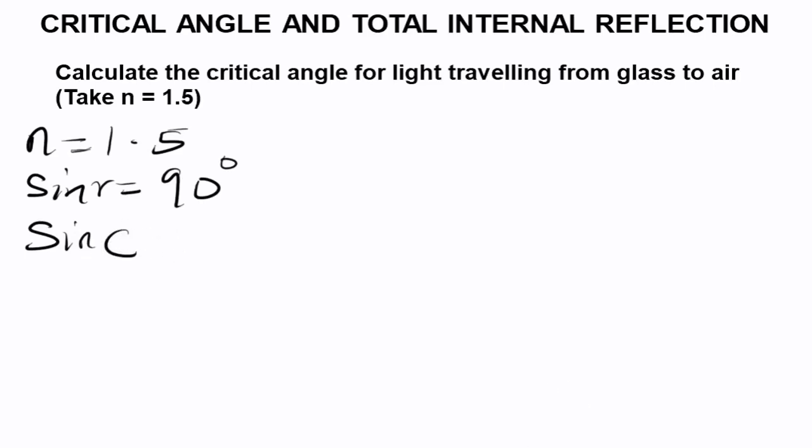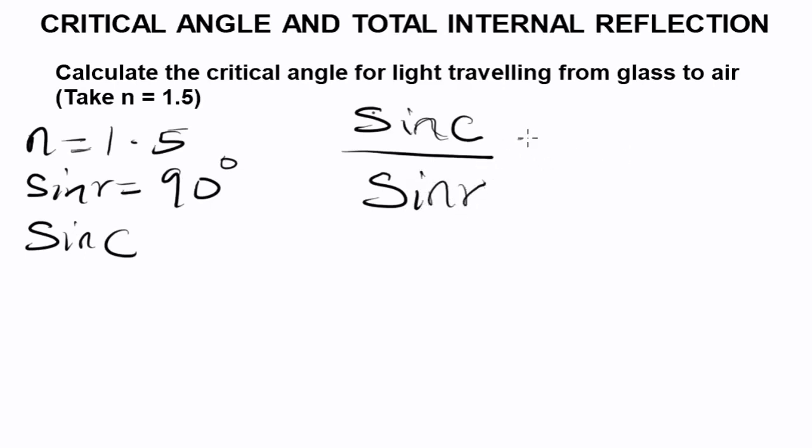So we are going to apply this formula: sine c over sine r equals 1 over n. We are using 1 over n because the light is traveling from glass to air, that is, from a denser medium to a less dense medium.